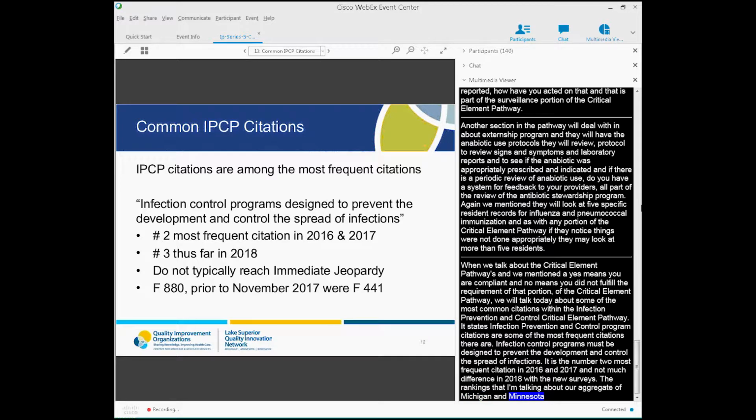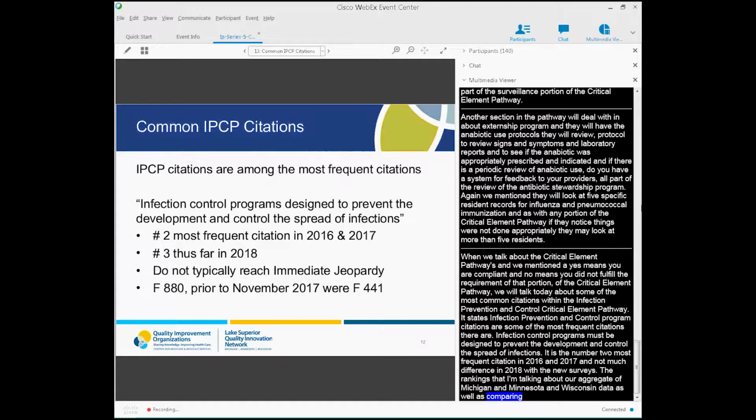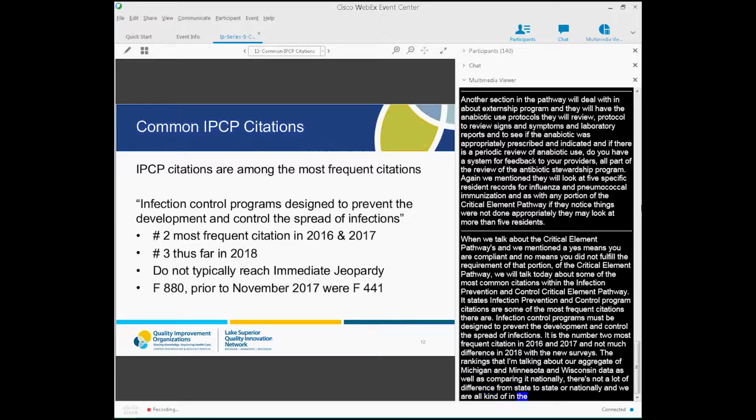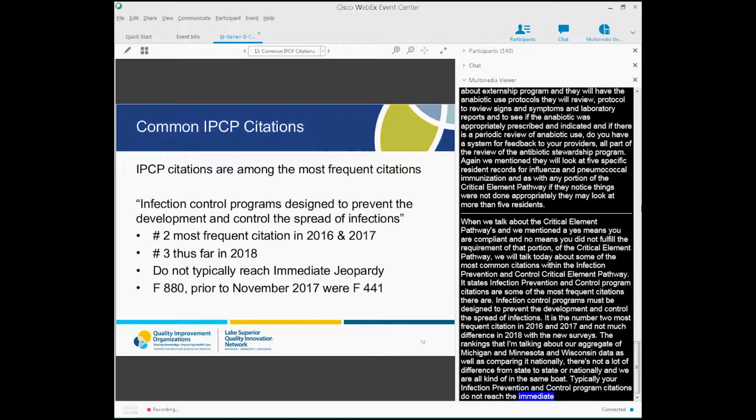We're all kind of in the same boat. Typically, your infection prevention and control program citations do not reach the immediate jeopardy level, and they will typically fall under the F880 tag or the F881, which is the antibiotic stewardship portion. And prior to November of 2017, you knew these as the F441 tags.